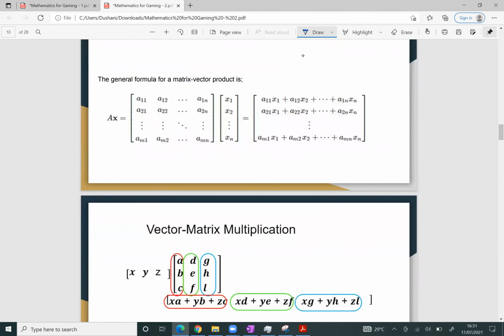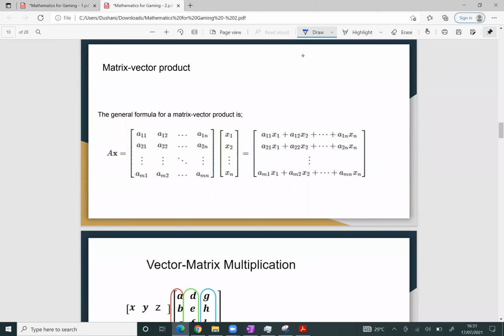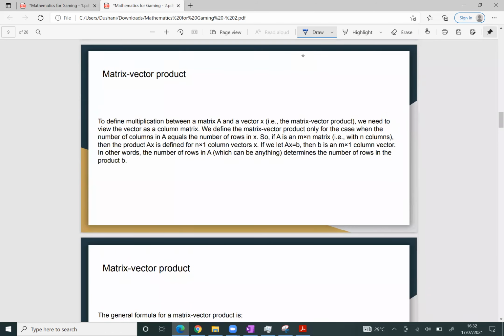So if we take an example here, we multiply this column with this row in the vector. Once again, this column will be multiplied with the same. So this is why we view the vector as a column matrix.